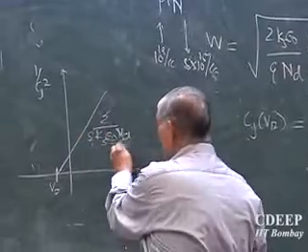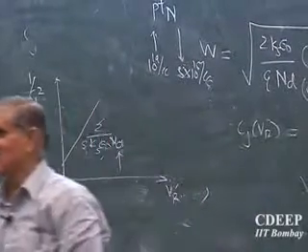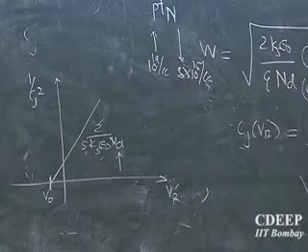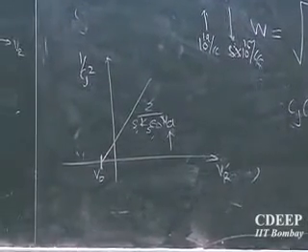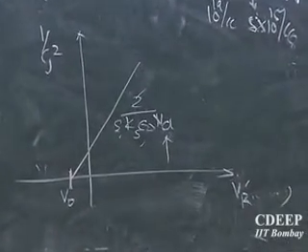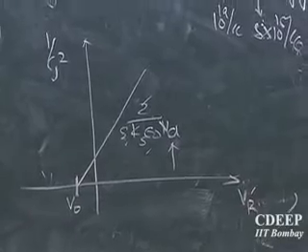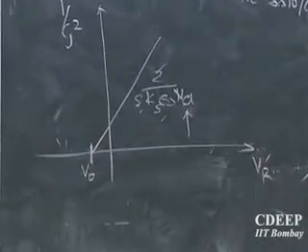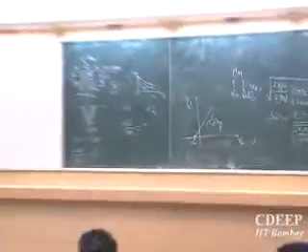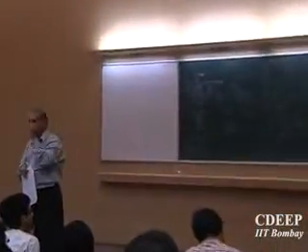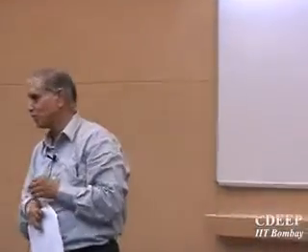Everything is known, so I can actually calculate ND. So if I have a P plus N junction, assuming it's a step junction, hopefully most of them will be, then the 1 upon C square versus VR curve will give me the value of ND. And if I know my ND and my V0, I also know how much NA I have. So just one measurement can give you a lot of information.